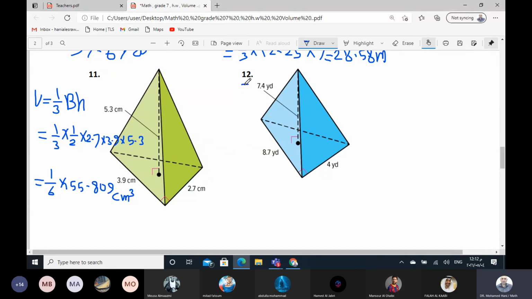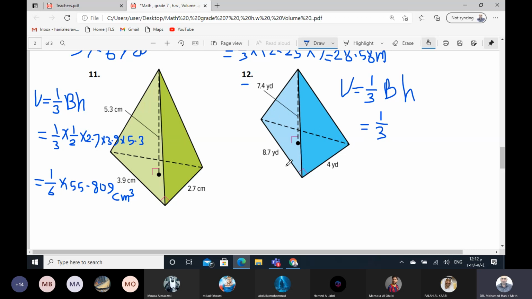And here number 12, the same idea. We have a triangular pyramid, V equal 1 over 3 multiplied by the area of the base multiplied by the height of the pyramid. So we have here 1 over 3.